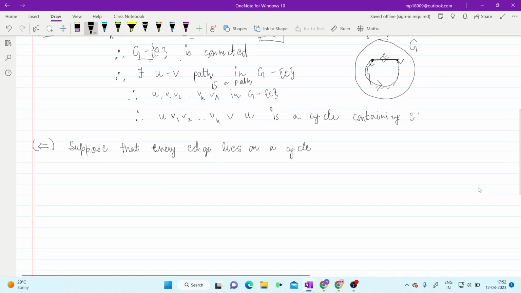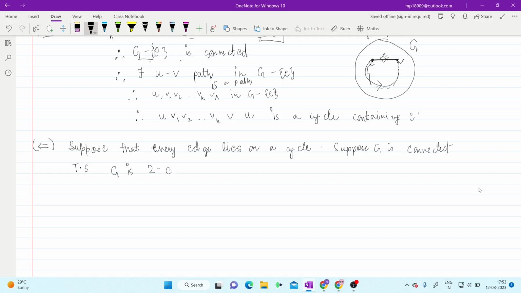So now suppose every edge lies on a cycle and suppose G is connected. Now we have to show that G is 2 edge connected. So what do we need to show to show that G is 2 edge connected?